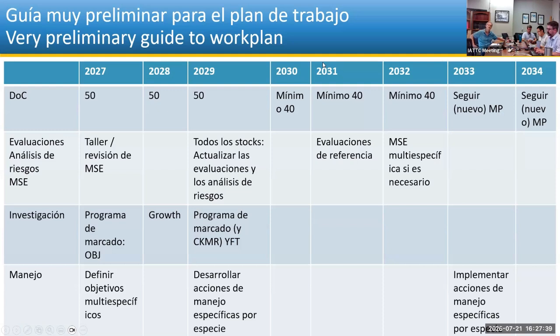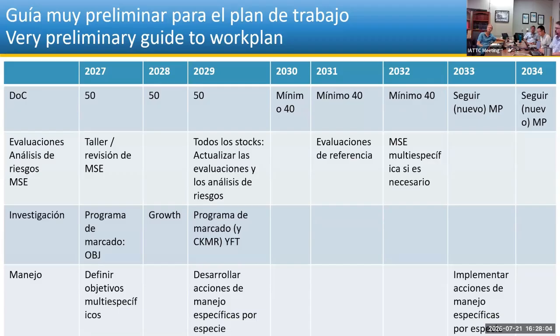And so as we went over in the presentation, we're recommending a 50-day closure for the first management cycle of 3 years, and then applying the harvest control rule for the next 3 years. And because of the 10 days of closure maximum change, there would be a minimum of 40 days of closure.